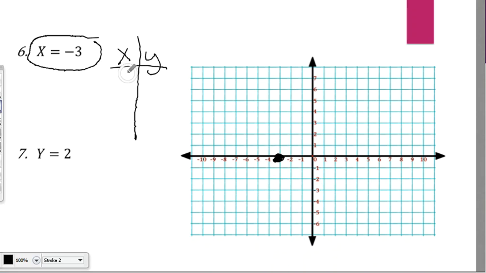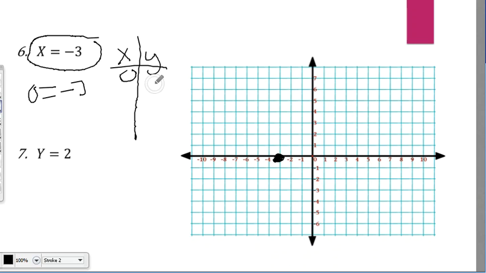So if we were to let our x be 0 and solve for our y, well, if we let our x be 0 in this equation, it's not true, right? So we can't do that, and that's because this line doesn't cross the y-axis ever.